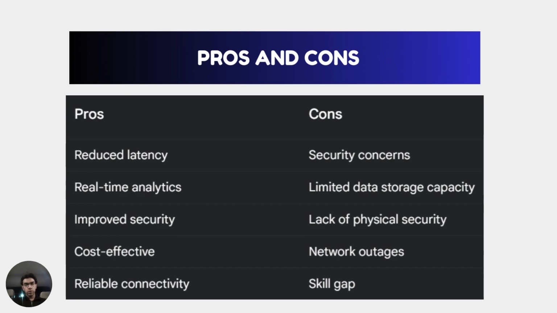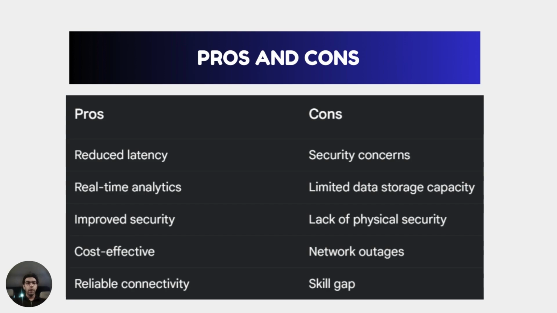As for the cons, the biggest reason would be the lack of physical security and the security concerns that come with it. If you are interested in cybersecurity, you would know that EGPRS was a very vulnerable network, and it had limited data storage capacity, which was also a huge concern, and network outages were very common.